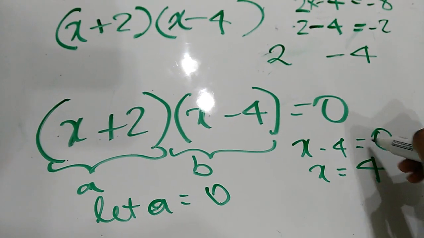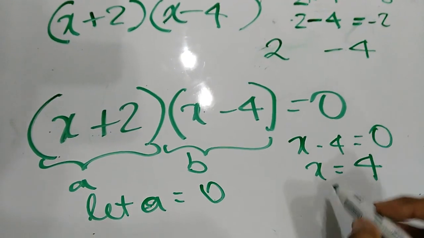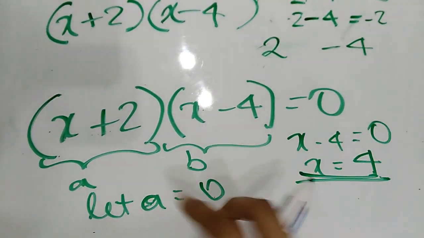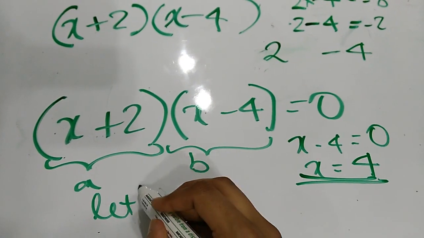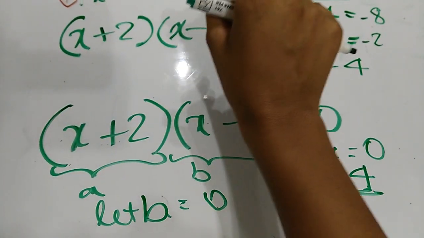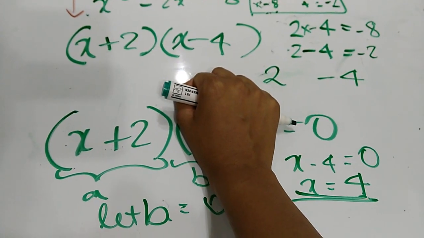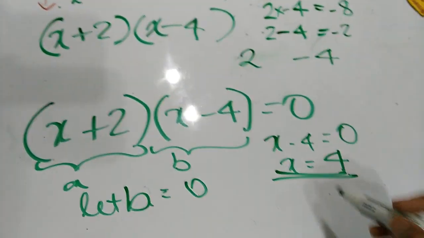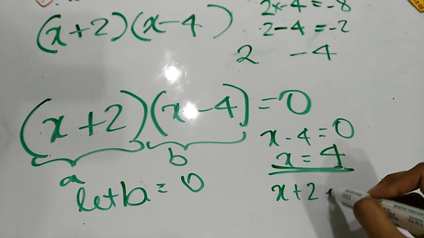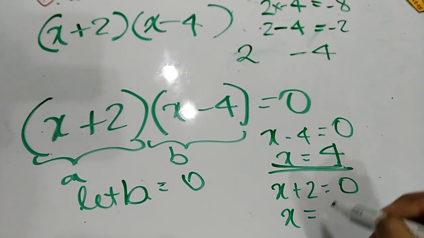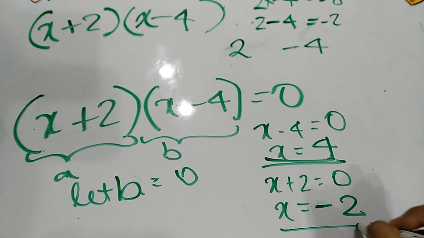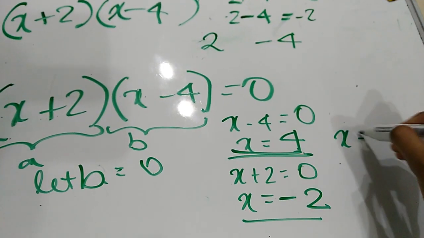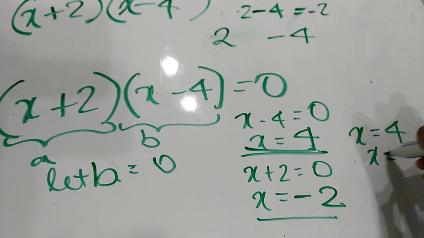Carrying over the minus 4, I have to change the sign, it becomes positive. So that's my first answer. And now let B equal 0. So cover that up, there's nothing there. x plus 2 equals 0. So x is equal to minus 2. So those are my two answers. x is equal to 4 and x is equal to minus 2.